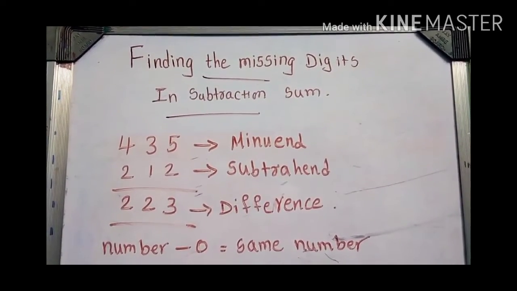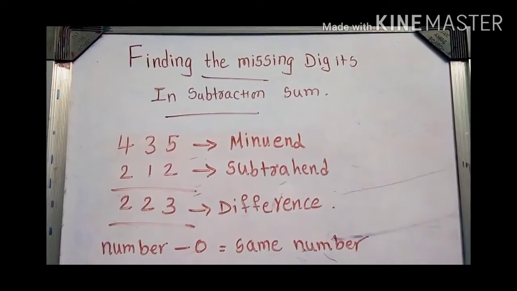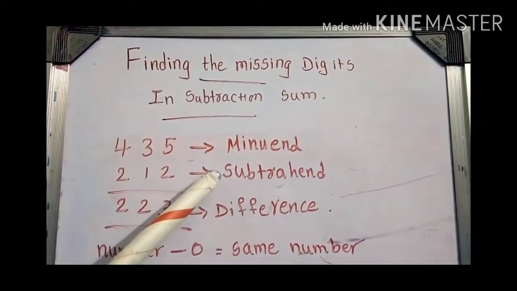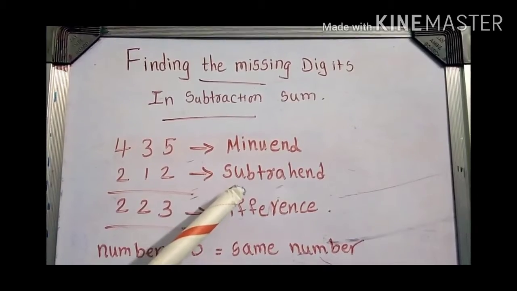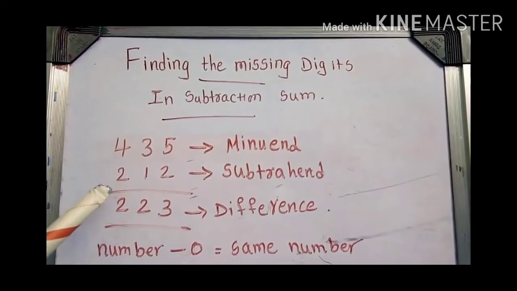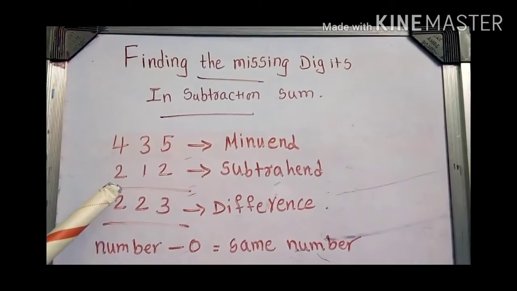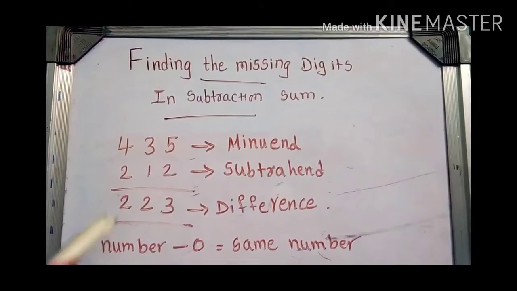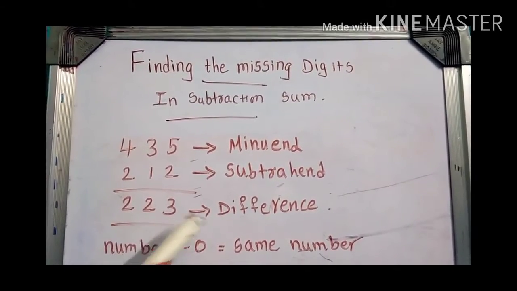See here this problem, 435 and 212. The number from which you subtract is the minuend. The number that is subtracted from the minuend is the subtrahend.